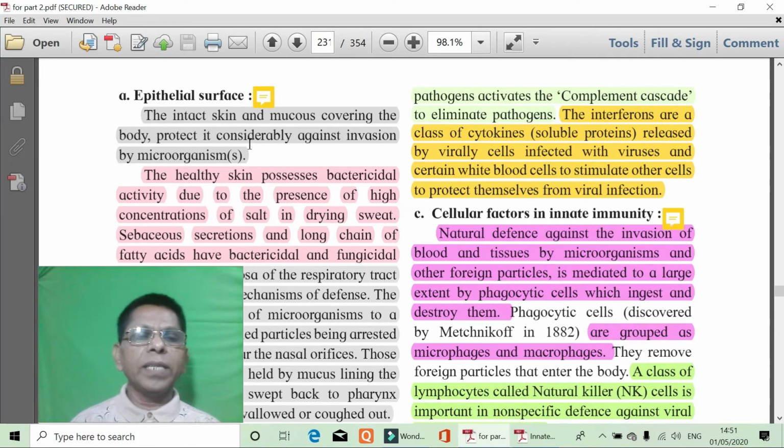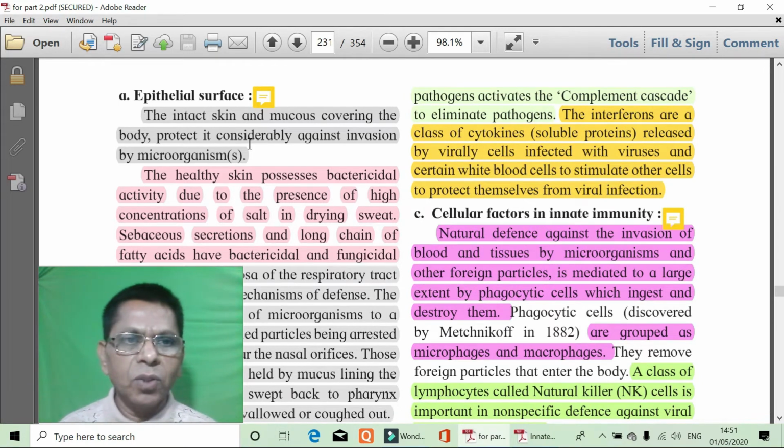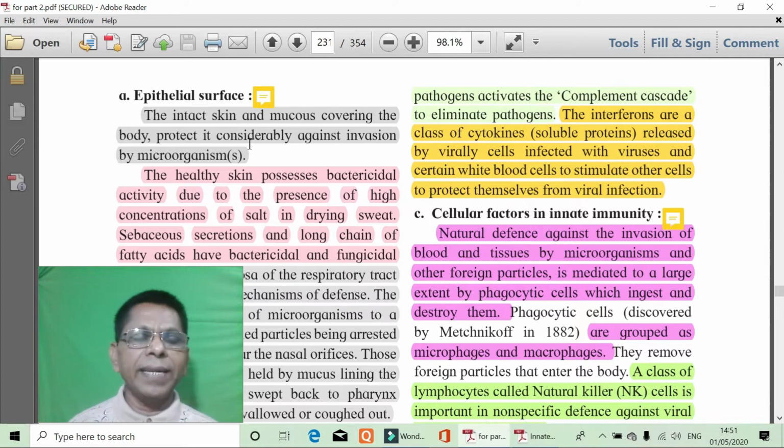So it is also lined by compound epithelium, and somewhere it is lined by simple epithelium. In the case of the gastrointestinal tract, particularly along the lining of the stomach and intestine, the mucus covering is lined by simple epithelium, that is a single layer of columnar epithelium.